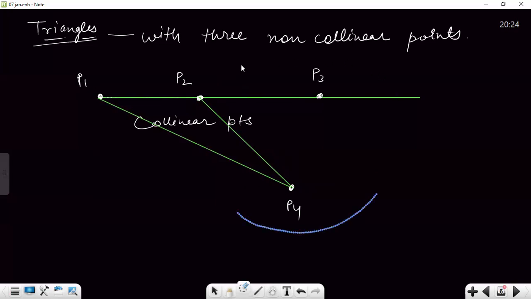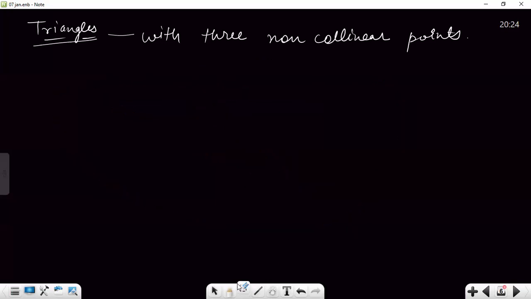Anyways, so let's come to the point. To make triangles, you have to select 3 points, and in whichever way you are possibly able to select 3 points out of n points, you will be able to make that many triangles.